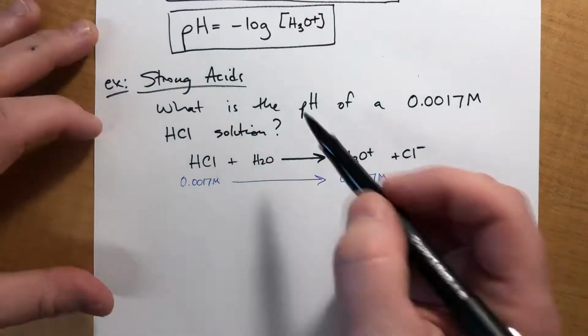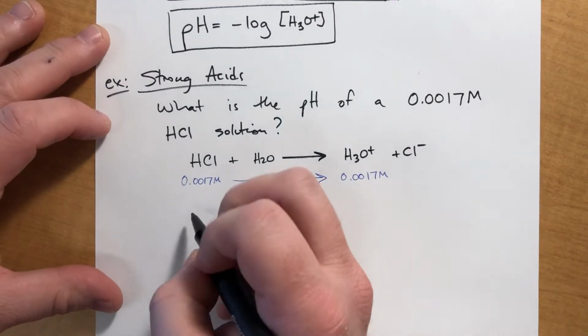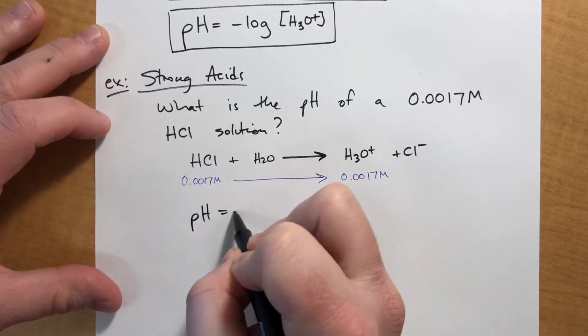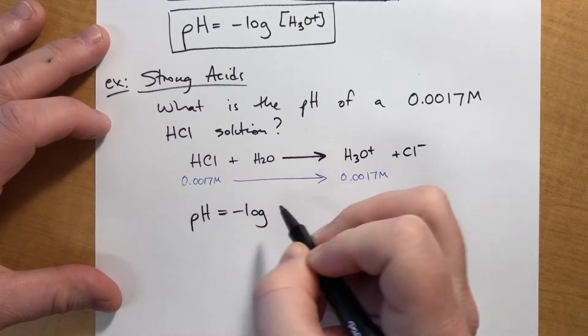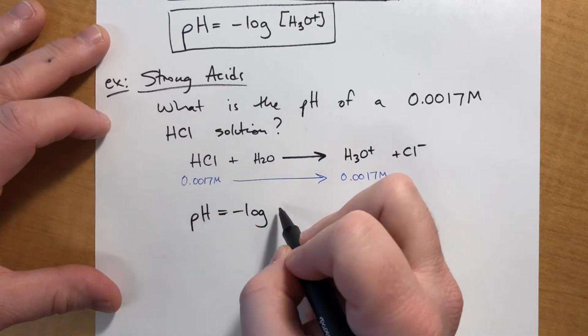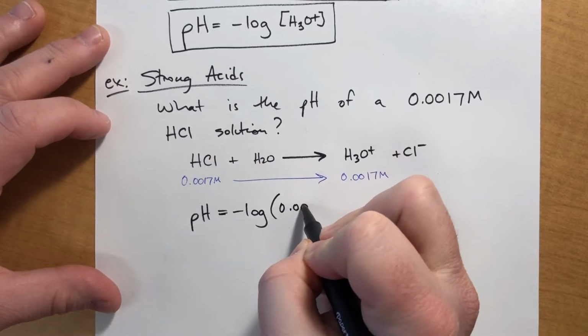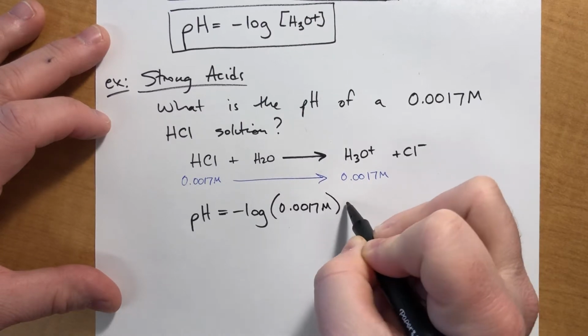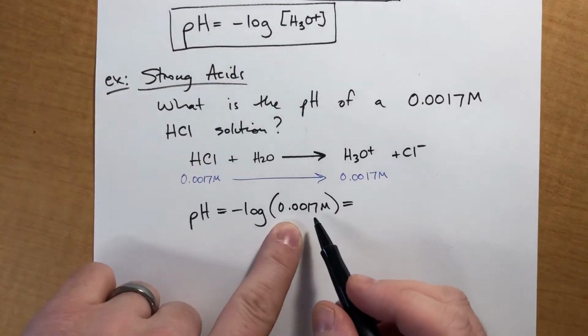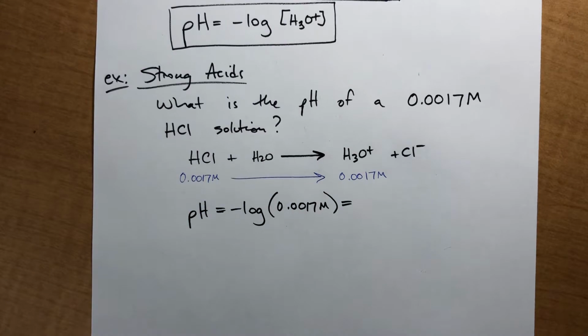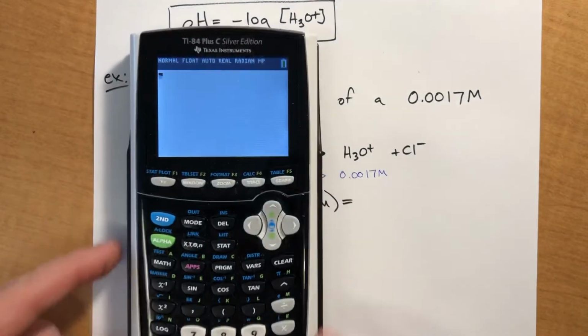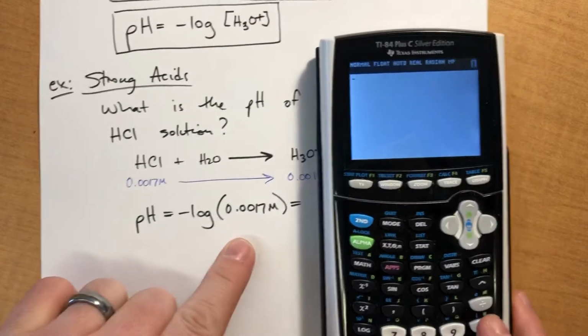So, to get pH, we take the negative log of this concentration. pH does not have units, but we're assuming that the concentration is in molarity. Okay. So, diving into the calculator, basically covering it up here. Negative log.